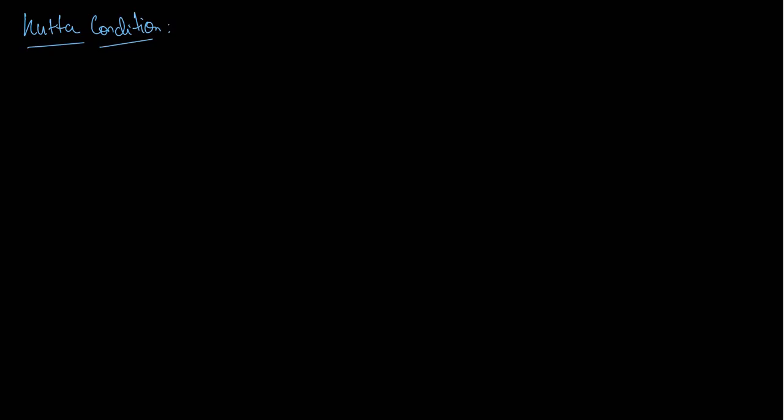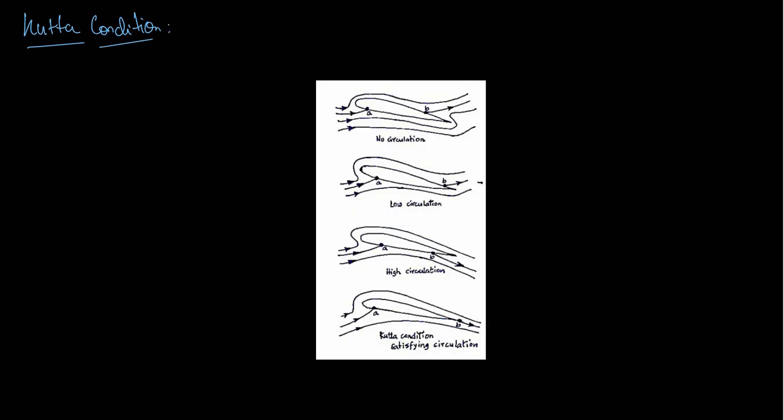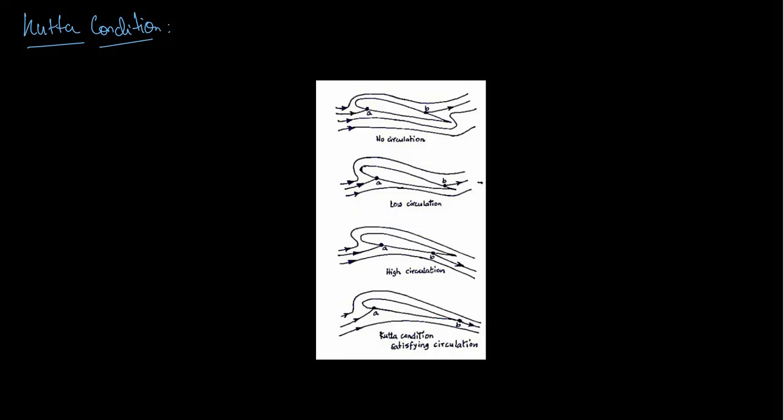Alright, so let's see what the Kutta condition is now. Let's look at an image quickly. If you can see this image, this describes three cases of flow over an airfoil. The first case describes if there were no circulation around an airfoil.